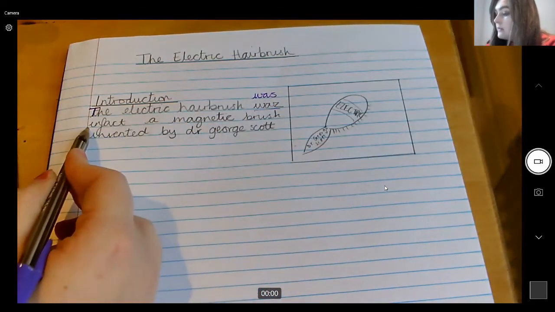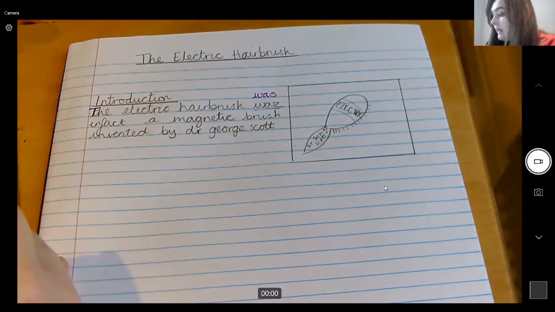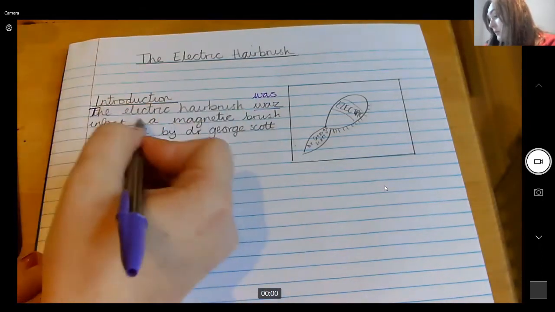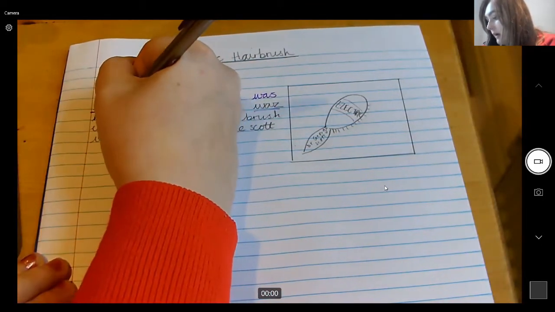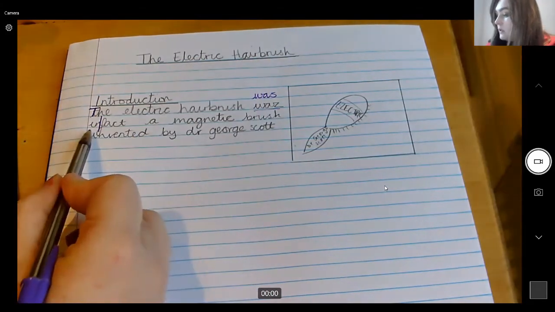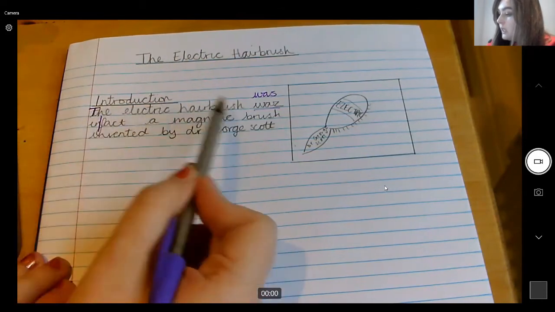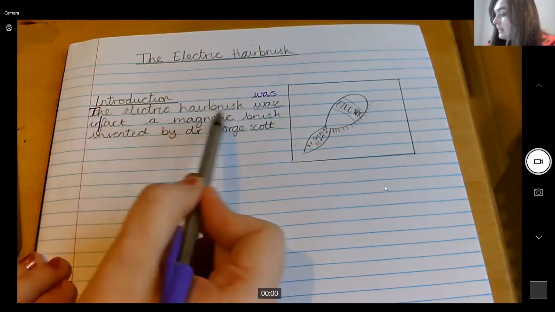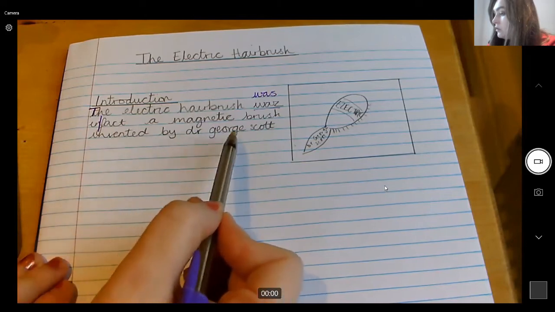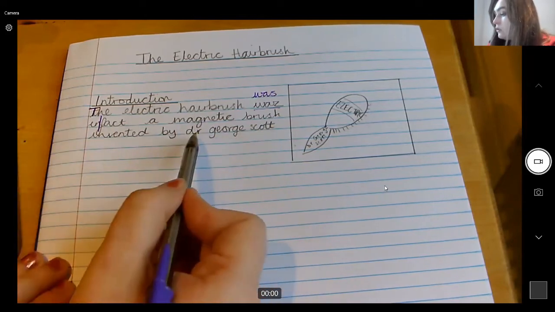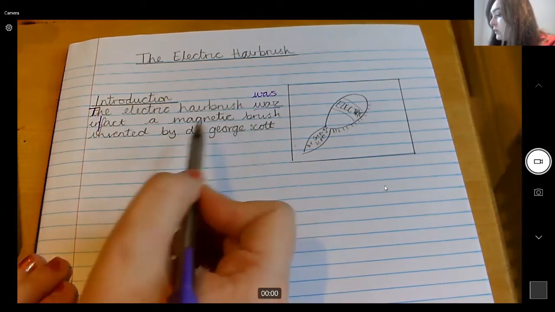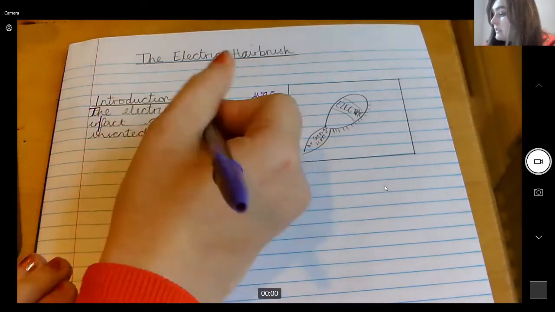Was in fact, oh, I've put in fact together when in fact it's actually two separate words. So I'm going to put a line in between there to show that it is two separate words and that a finger space should be put there. So the electric hairbrush was in fact a magnetic brush invented by Dr. George Scott. Now, Dr. George Scott is a proper noun, which means he needs capital letters for his name.